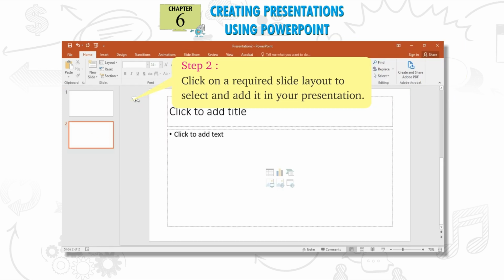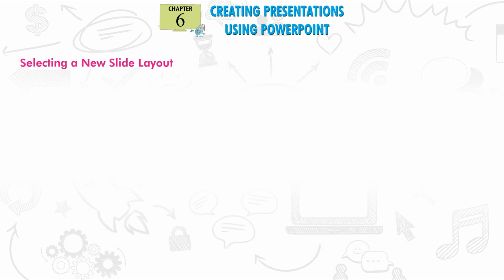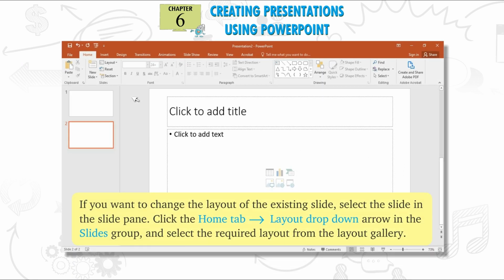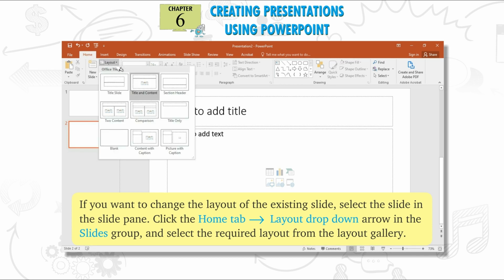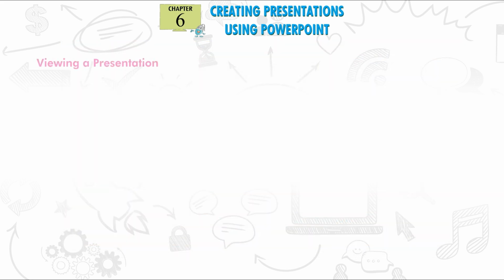Click on a required slide layout to select and add it in your presentation. A slide layout describes the arrangement of title and content placeholders on a slide. Selecting a new slide layout. If you want to change the layout of the existing slide, select the slide in the slide pane. Click the Home tab, Layout drop-down arrow in the Slides group and select the required layout from the Layout gallery.